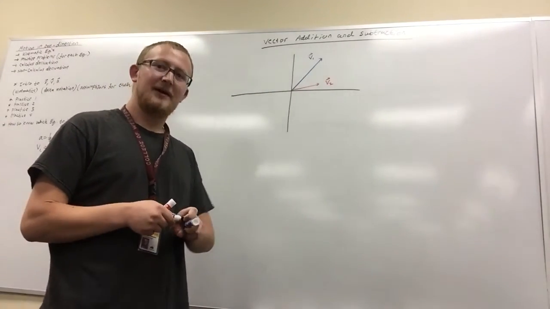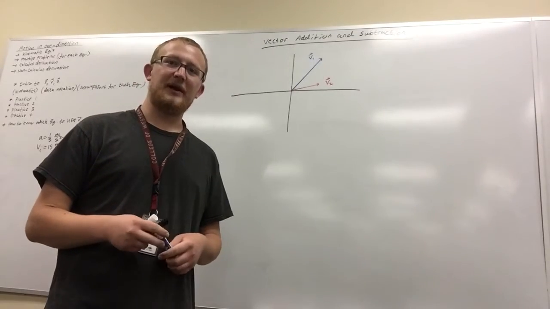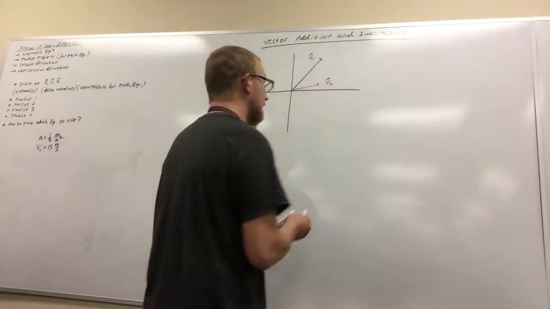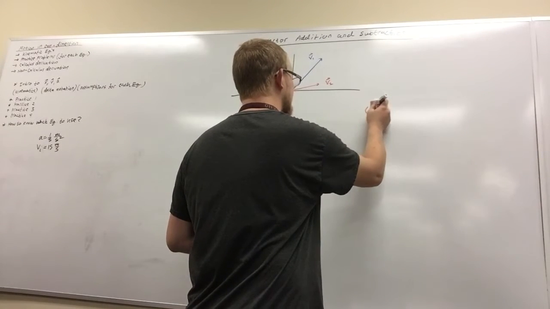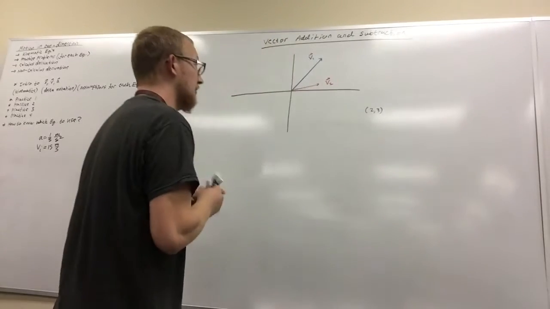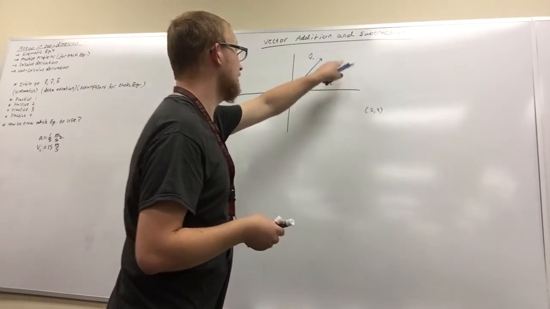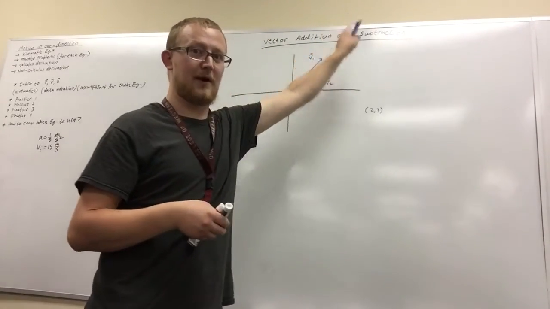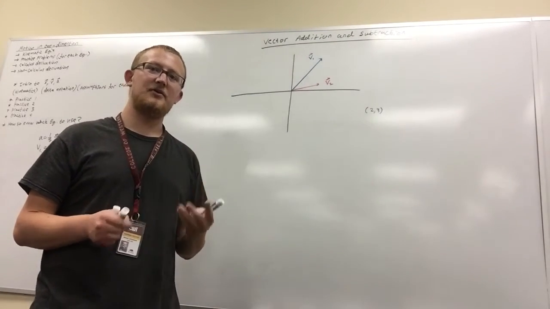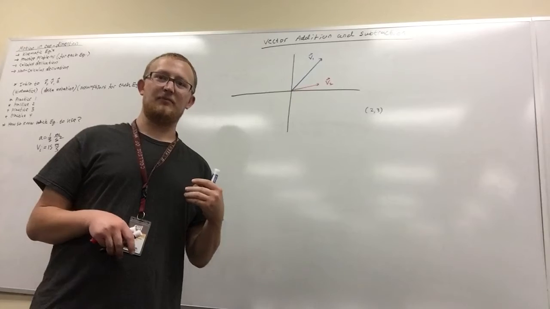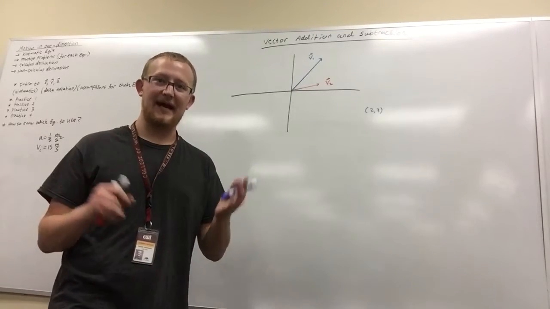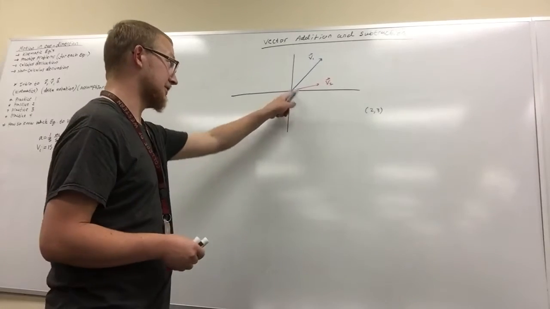So, you know, you may be familiar with ordered pairs on an XY plane, like for example the ordered pair, let's say 2, 3. So that means I would go 2 on the X, 3 on the Y, and that's the point where I'm at. Well, the thing about vectors that's kind of interesting is although you can apply them to any given point in space, they mathematically always start at the origin.